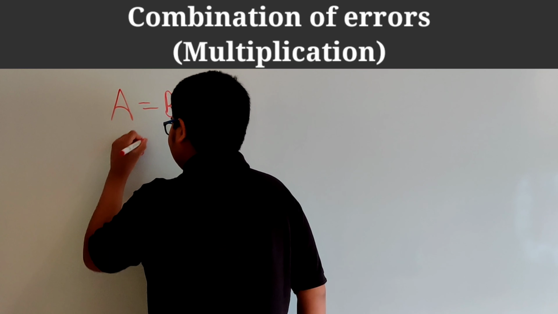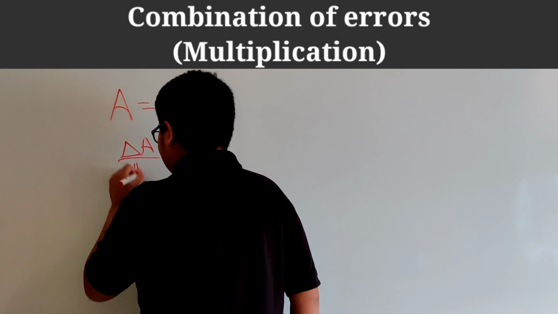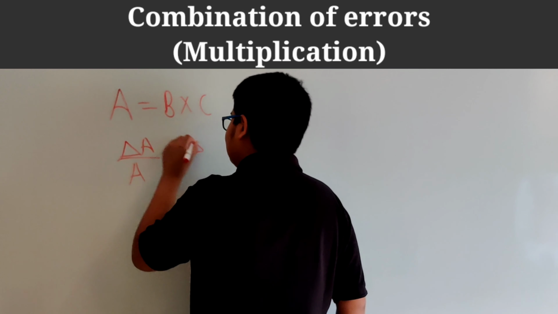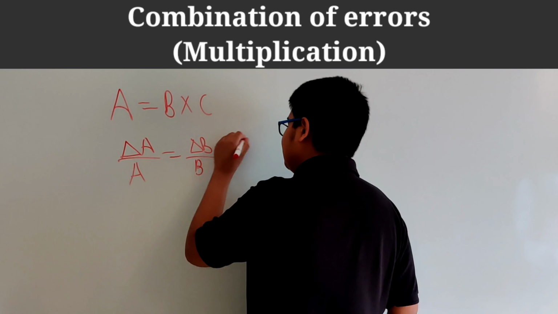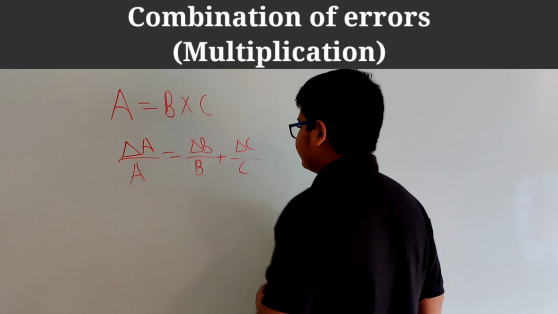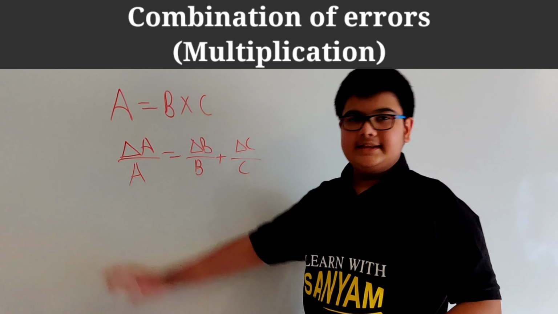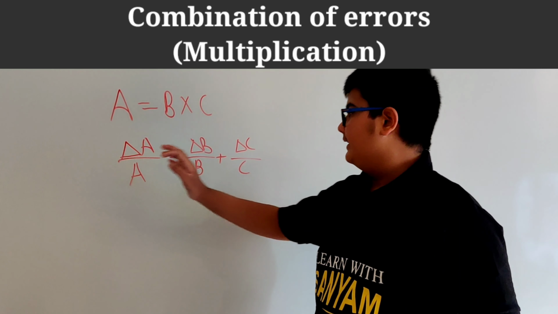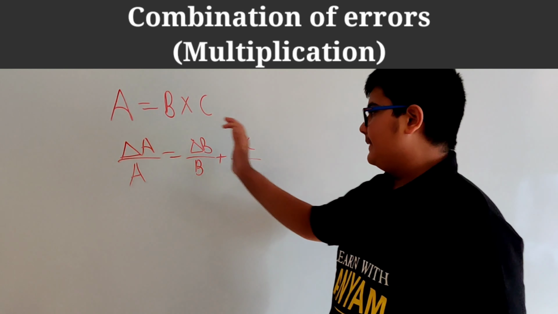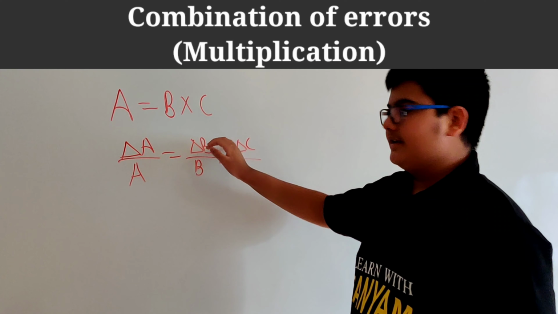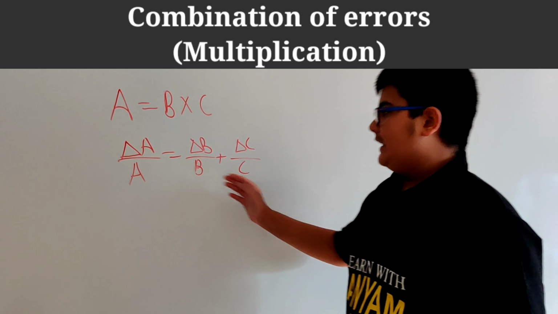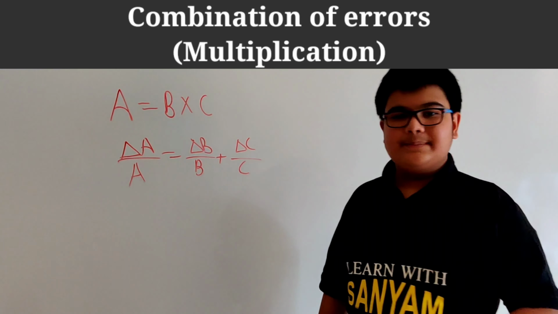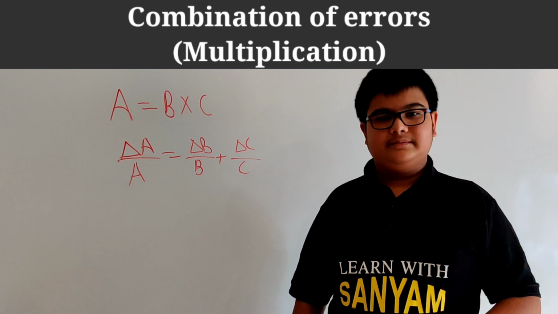So the error will become delta A upon A is equal to delta B upon B plus delta C upon C. Delta A means absolute error in A, delta B means absolute error in B, and delta C means absolute error in C. And at the bottom the values will come.